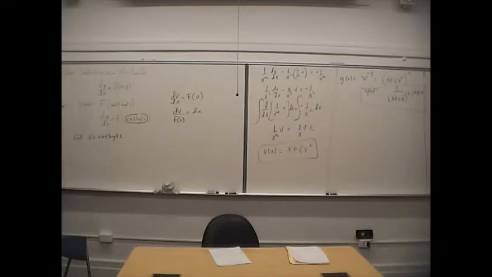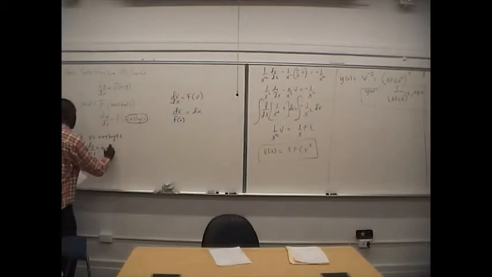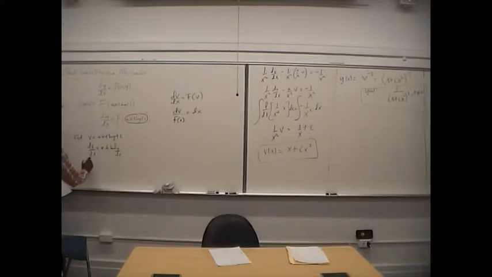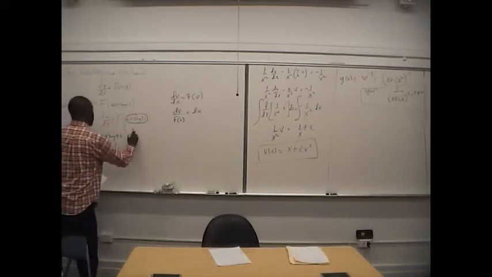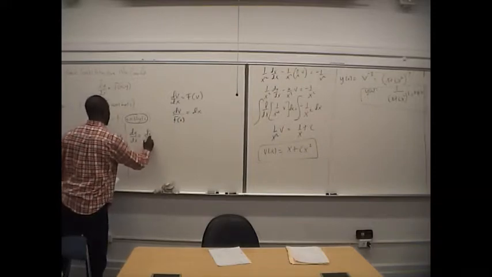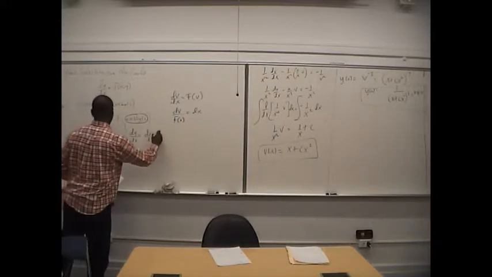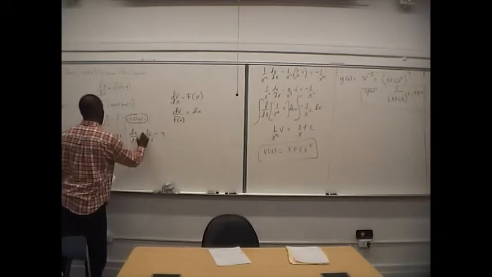Alright, so let's see what dv/dx looks like. So this is a plus b dy/dx. Of course, c is constant, so it vanishes. And so my dy/dx is really dv/dx minus a, times 1 over b.